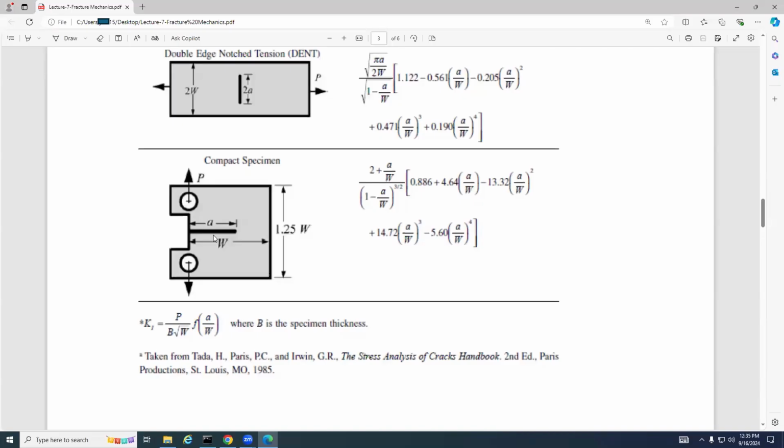Can you write this down? We only focus on either the upper portion or the lower portion because of the symmetry. We just imaginarily create a line, apply the boundary condition on this ligament, and then focus on this part only.